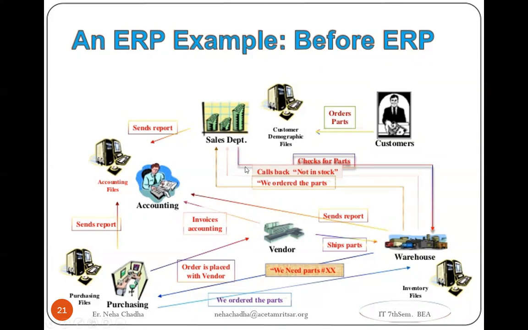And there is one sales department. The sales department checks for parts. If they don't have the parts, they go to the warehouse. The warehouse finds they are not there, so they go to purchasing, which goes directly to the vendor. They are not including the accounting department. They are not updating any other department.